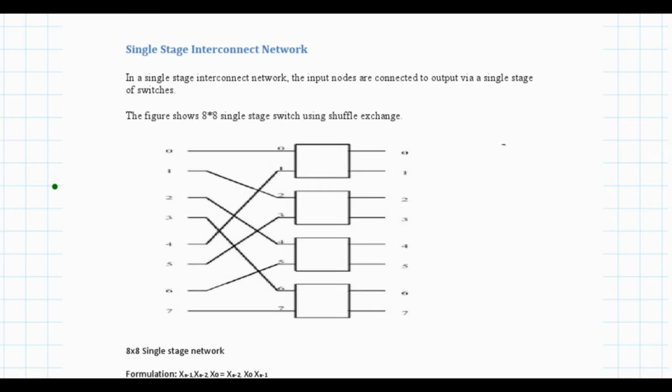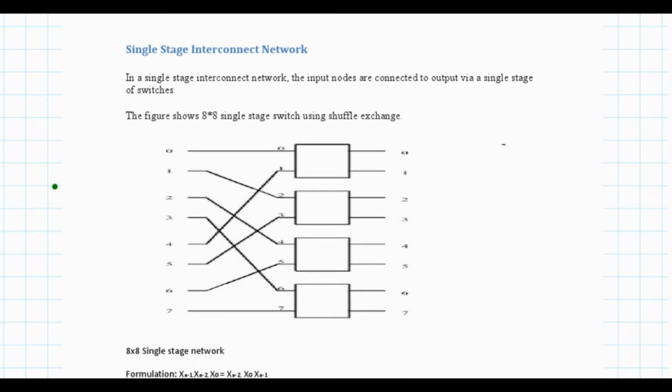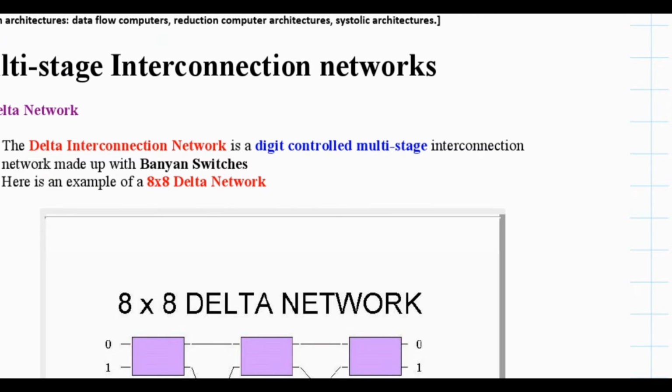Now, let me move to our discussion for the day. That means multi-stage interconnection network. So we have started our discussion with delta interconnection network.